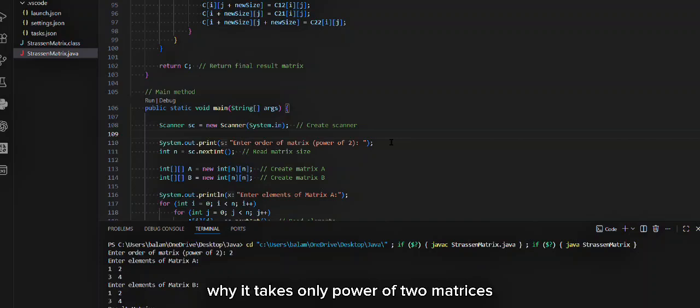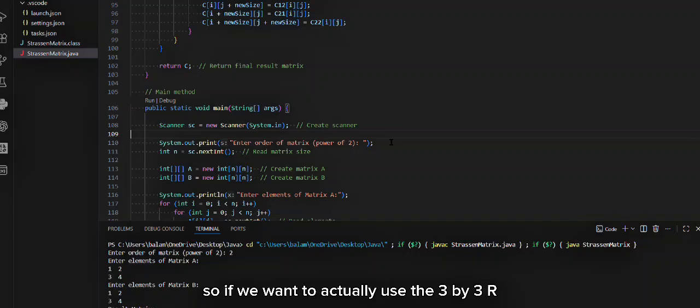Why does it take only power of 2 matrices? Because it needs to divide them into 4 equal parts. If it's 3 by 2 or 2 by 3, it can't equally divide the matrices.